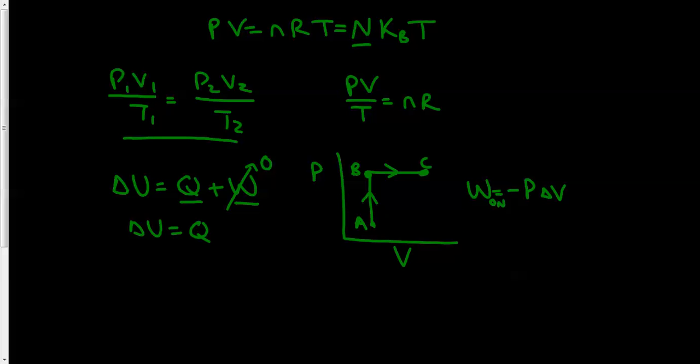If I know the values of the P and V, let's say the pressure goes from 1 to 3, and this is 1 cubic meter, and this is, let's say, 4 cubic meters. I could say that when it goes from A to B, it triples the pressure and keeps the volume the same.